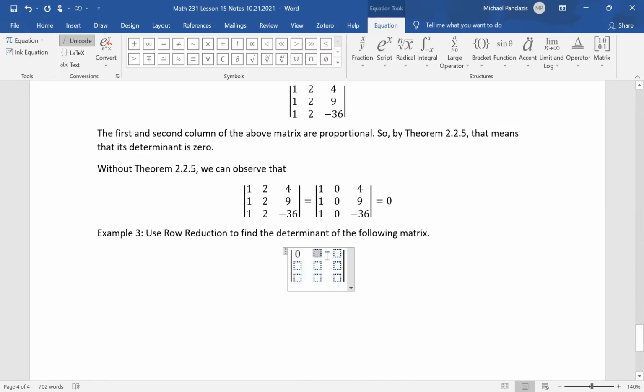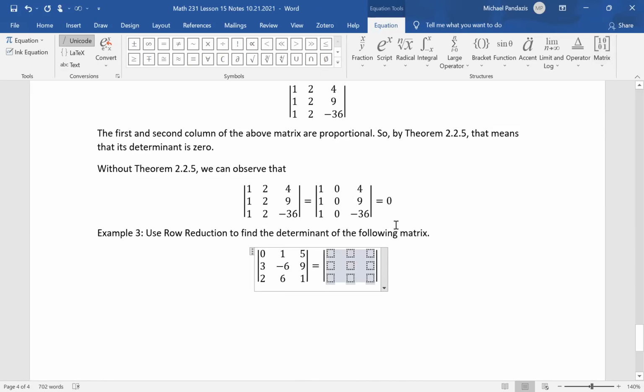And so it's a 3x3 matrix. And so it wouldn't be ridiculous to find its determinant directly, but we can sometimes make things easier on ourselves with different methods. So here we're going to use row reduction to find its determinant faster.